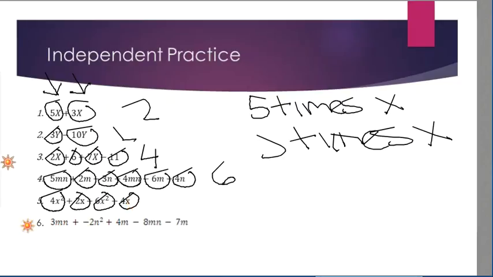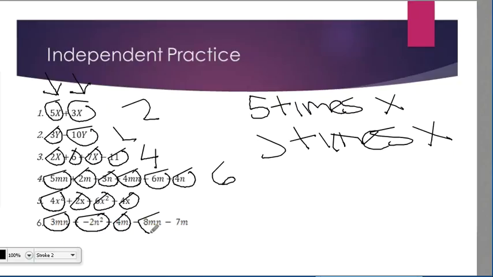Okay, let's look at the last one, number 6. We have 3 times m times n. We have a negative 2 times n squared. We have a 4m. We have an 8mn, and we have a 7m. So for number 6, there are 5 terms.